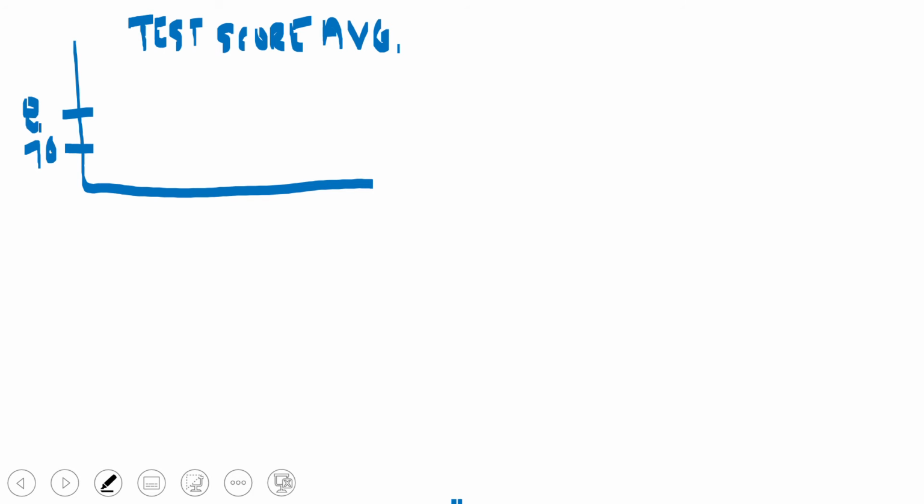So we'll call it test score average over a couple of years. So we're going to have the possibility of having a 70, an 80, a 90, and 100 on those test scores.